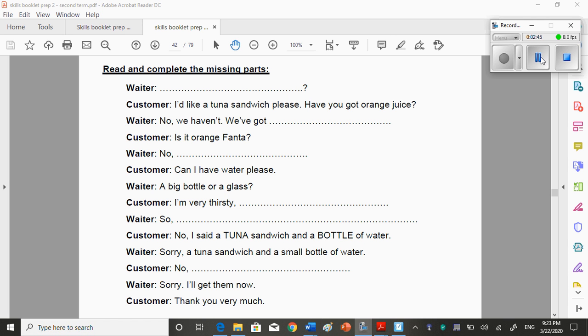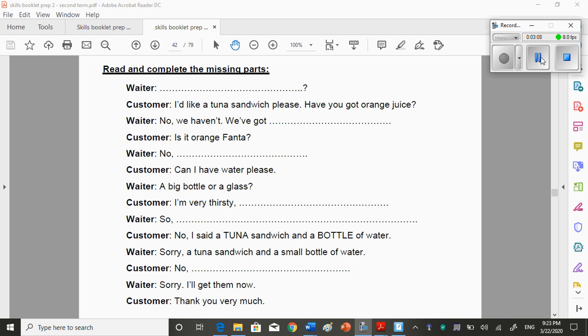Then the waiter here is going to reply to re-say what the order was. So he said, so a cheese sandwich and a glass of water. Why did we mention something else? Because the customer said, no, I said a tuna sandwich and a bottle of water.